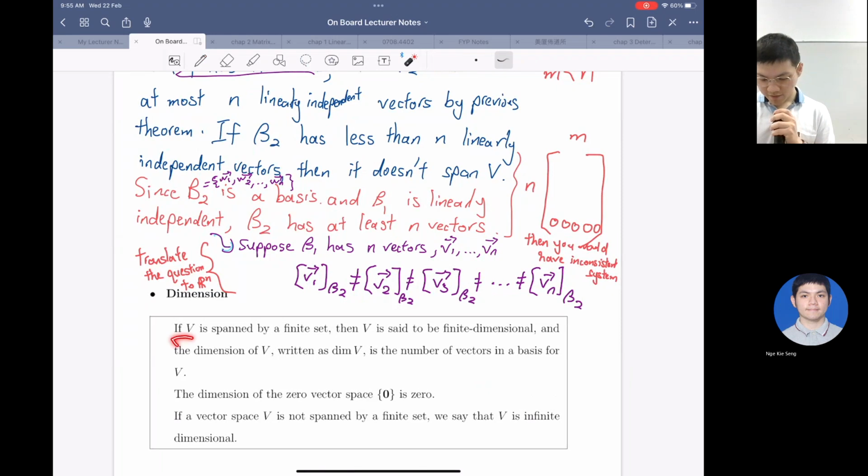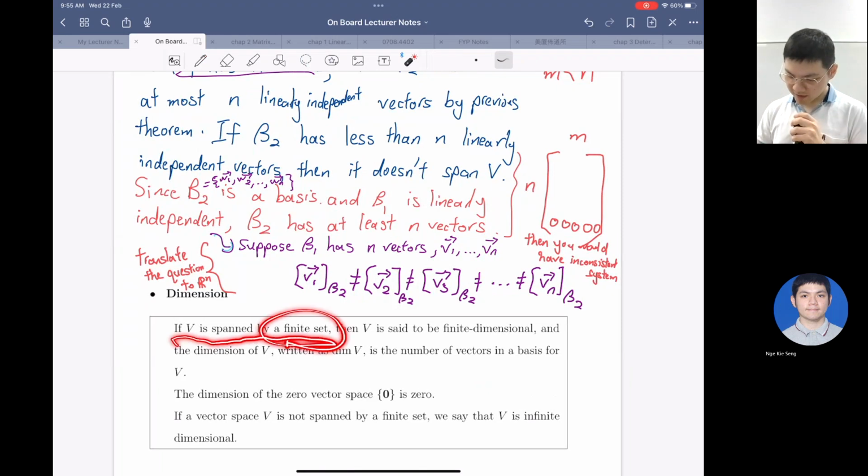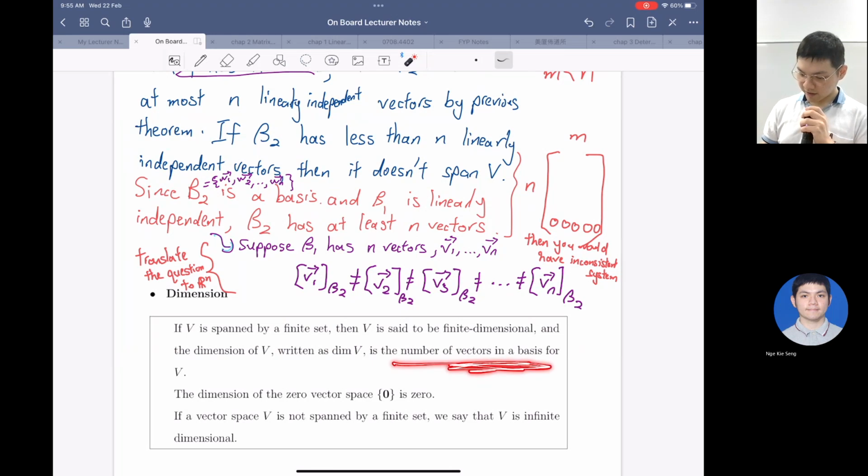If V is spanned by a finite set, then V is said to be finite dimensional, and the dimension of the vector space is the number of vectors in a basis for V. The dimension of the zero vector space is 0.